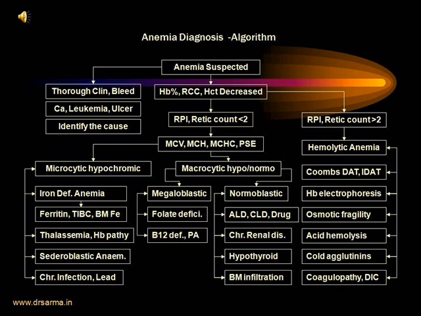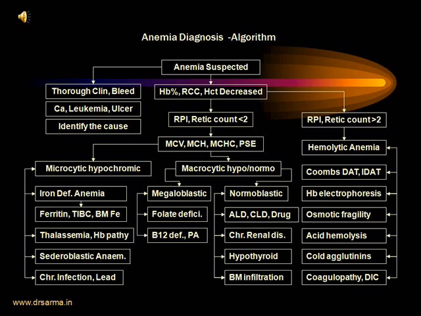So the next step would be to do MCV, MCH and MCHC and do a thorough peripheral smear examination. MCV, MCH and MCHC can be derived from hemoglobin, RCC and hematocrit values as already explained.